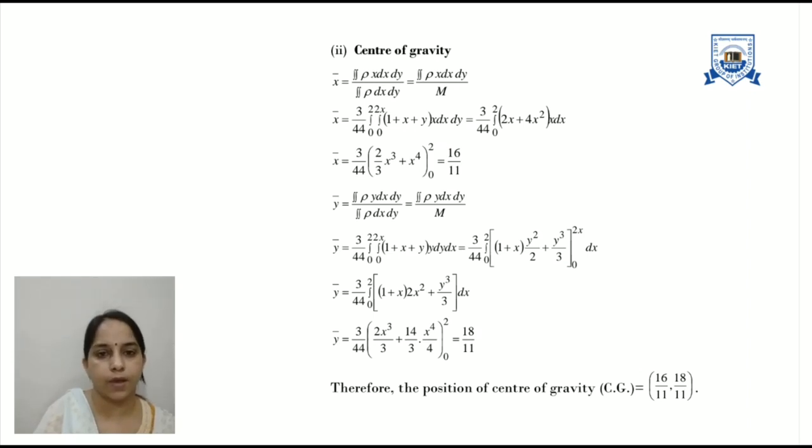The position of x bar is 16/11, and proceeding in the same manner for y bar, we get the value of y bar as 18/11. So the coordinates of the center of gravity of the plate are (16/11, 18/11).